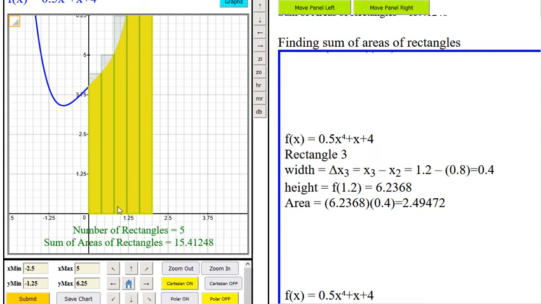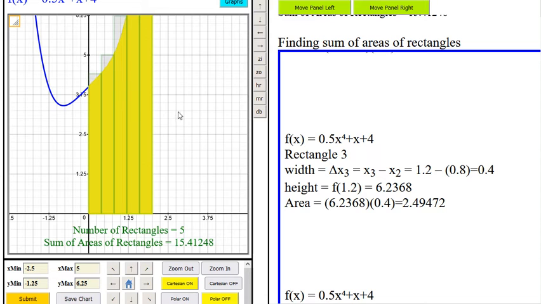And then let's do one more. For the third rectangle, this is 0.8, which is x of 2, and this is 1.2, which is x of 3. So again, this is x of 0, x of 1, x of 2, x of 3, x of 4, x of 5. And so for the height, again, we will use the 1.2. So next is 1.2, y is 6.2368.